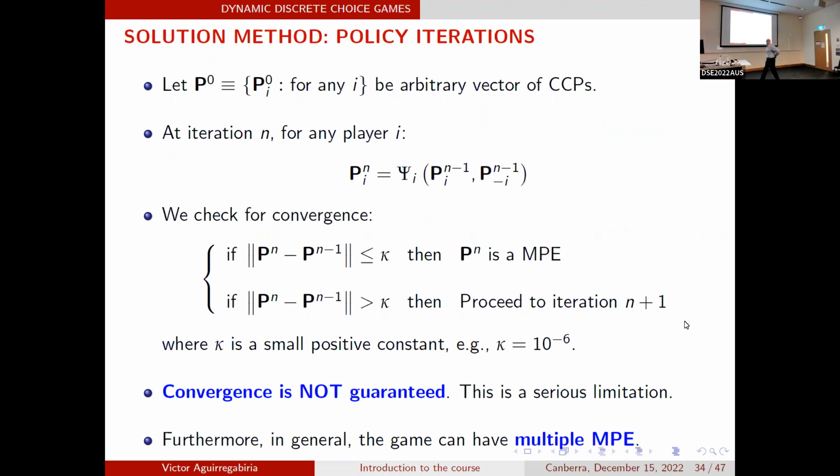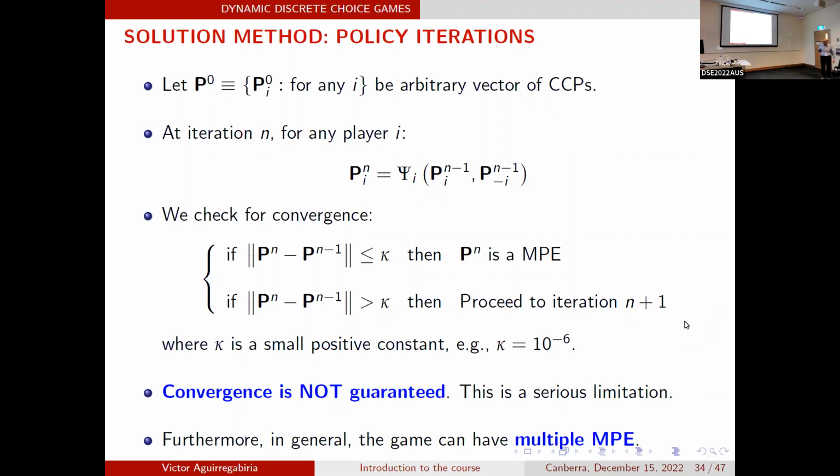Possible solution methods. Well, one possible solution method will be policy iteration, as we have seen in the single agent model. Let's start with some arbitrary vector of choice probabilities for every player, for every action and every state. Let me call it P0. And then at every iteration n, we obtain the best response of each player i to the choice probabilities of everybody, including himself, in the previous iteration.